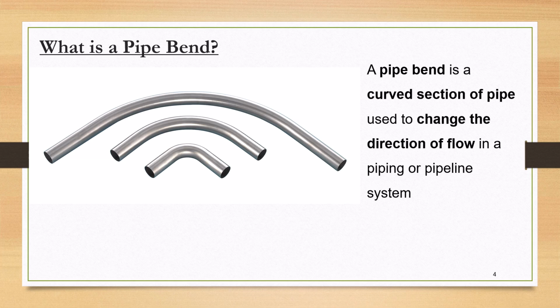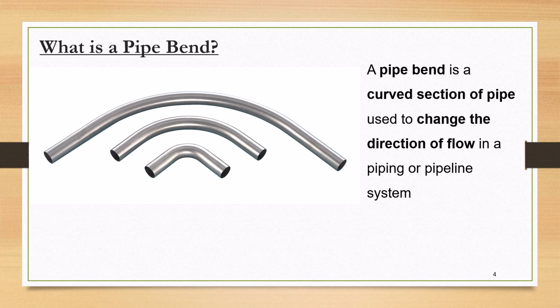Now, what is a pipe bend? Pipe bends can be defined as a custom fabricated component and can have larger, smoother radii, making them suitable for high pressure pipelines, long distance transmission lines, or systems carrying fluids at high velocities.